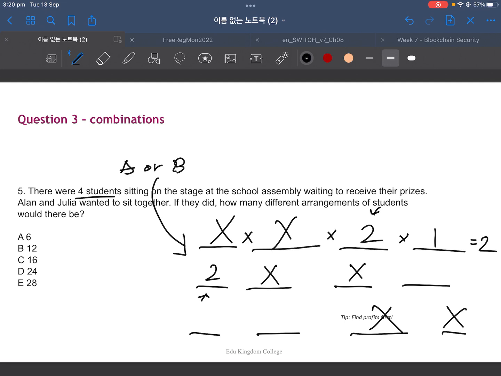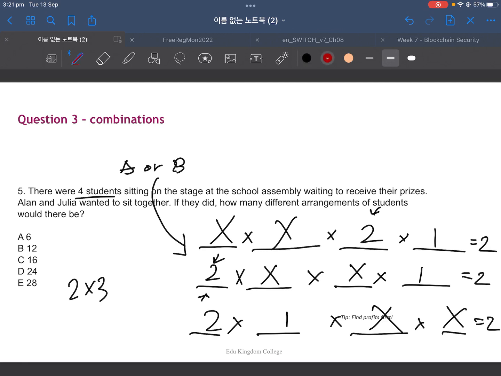But I also know that at the end over here, there can only be one student sitting down because the other one is sitting down here. So I times that. I also get 2. And how about in the last option? I also have 2 and 1, or 1 or 2. It doesn't really matter. And I get 2. So far, I have 2 times 3 of possibilities, and that's 6.